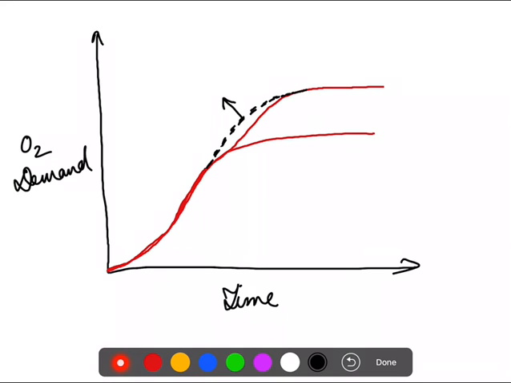If you are getting this type of graph, it will signify that there are sufficient number of nitrifying bacteria.